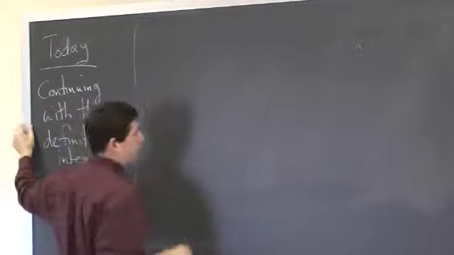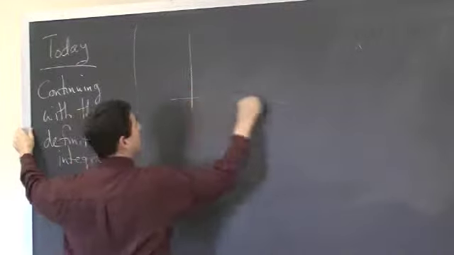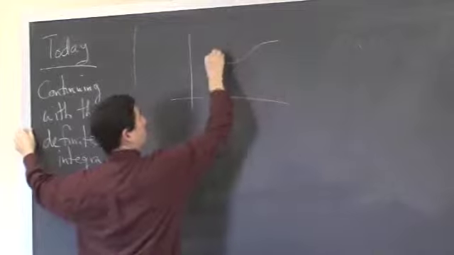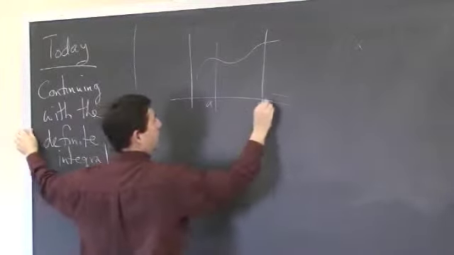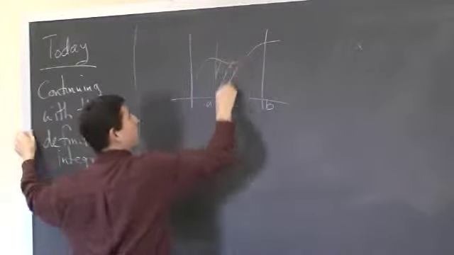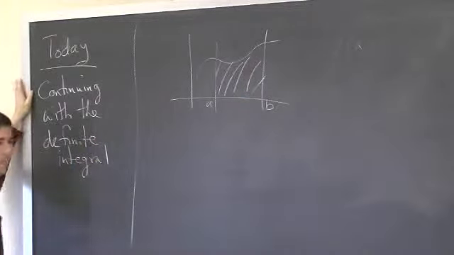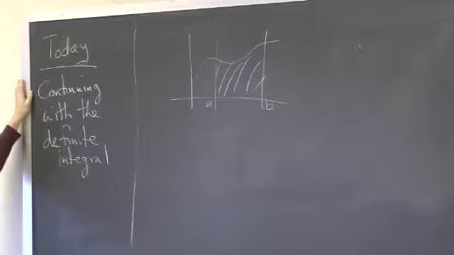So, in the process of trying to compute the area under a curve on some interval a to b, we decided a good idea would be to build little rectangles under this curve, and to add up the area of the rectangles.